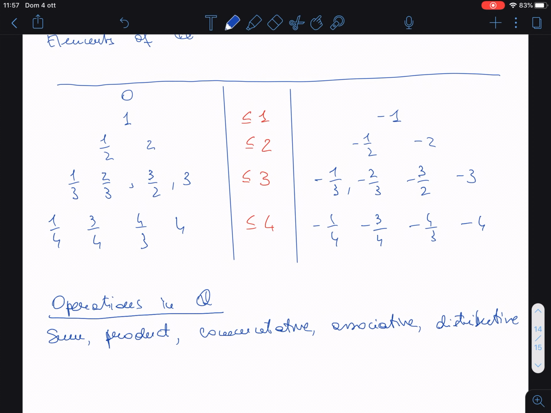Both have neutral elements, 0 and 1 again.